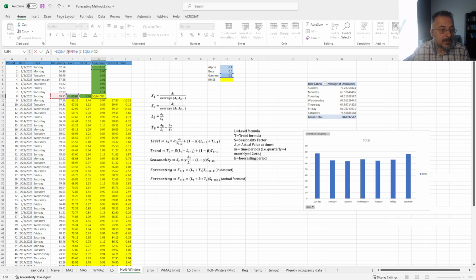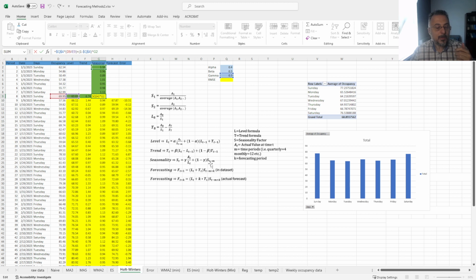Then you take the actual T divided by LT. It's actual T here, LT is here. Basically, time T, right? Then plus 1 minus gamma times, now this is kind of tricky, 1 minus gamma times S, seasonal at time T minus M. What does the T minus M mean?